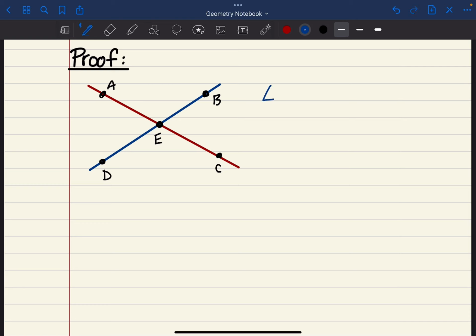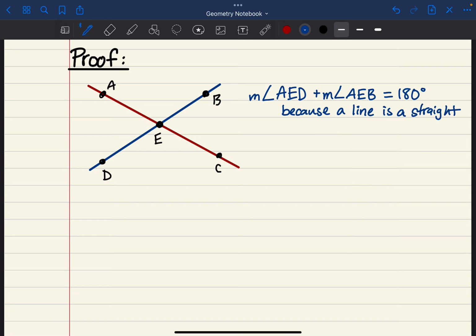So angle AED, or the measure of angle AED, if I add that with the measure of angle AEB, that should be 180 degrees, because a line is a straight angle of 180 degrees. We just know that adding those pieces together should make 180.